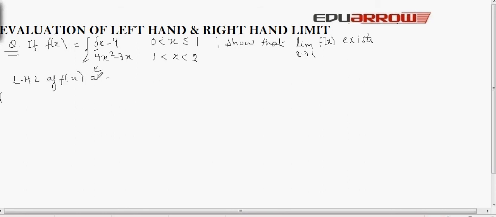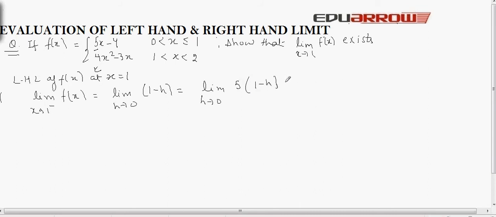Let's calculate first the left hand limit of f(x) at x is equal to 1. This will be equal to limit x tends to 1 negative of f(x), which will be equal to limit h tends to 0 of f(1 minus h), which will be equal to limit h tends to 0 of 5 into (1 minus h) minus 4.